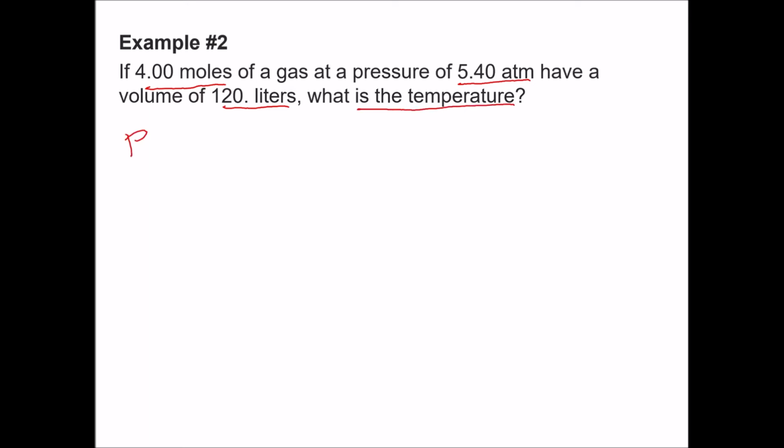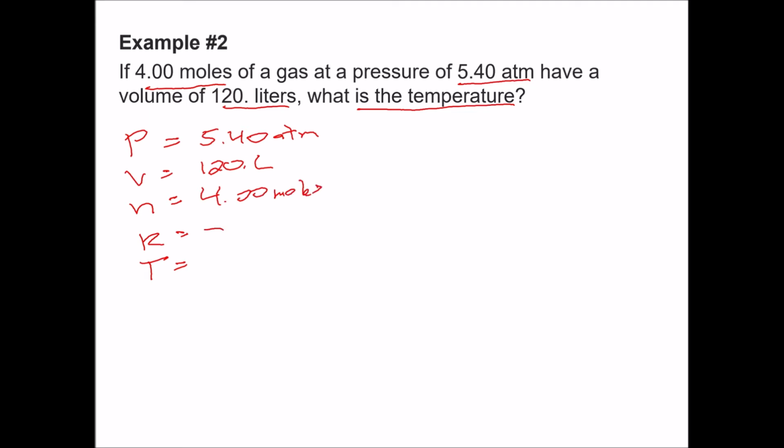So I'm going to make my list of variables: P, V, n, R, and T. My pressure is 5.4 atm. My volume is 120 liters. My number of moles is 4 moles.